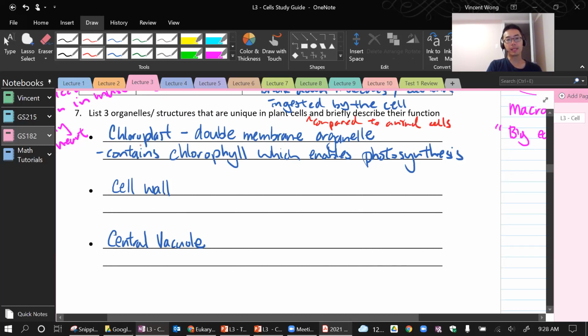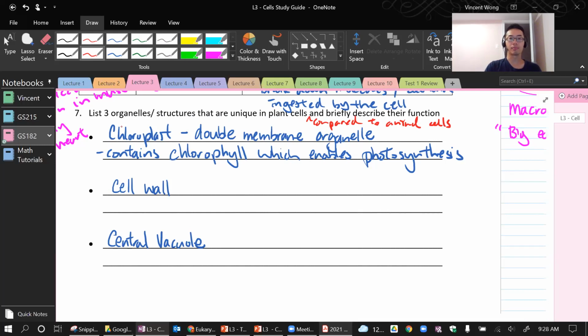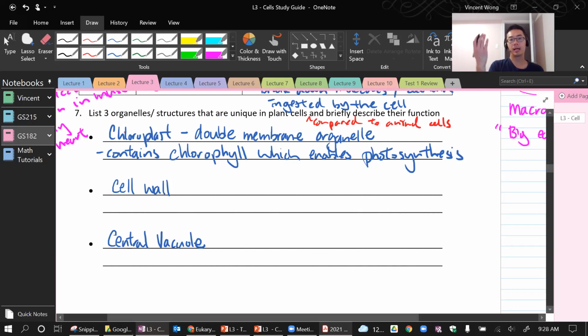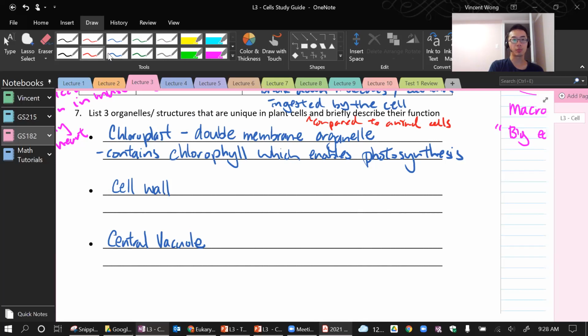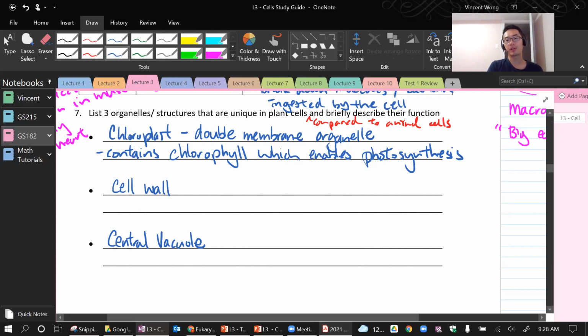Because you actually will find chloroplasts in some other cells that are not animal cells. There are some cells like protists, that's what amoeba belongs to. So some of these organisms that live in ponds or lakes sometimes have chloroplasts as well. So it's unique to the plant compared to animal cells, but not entirely unique.